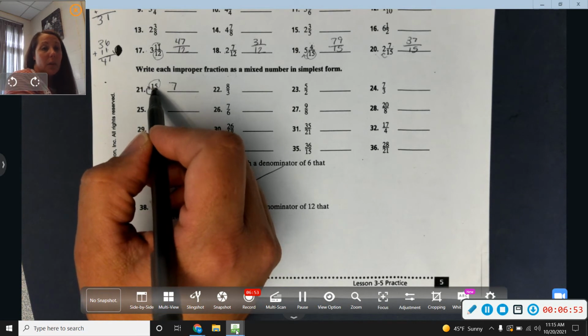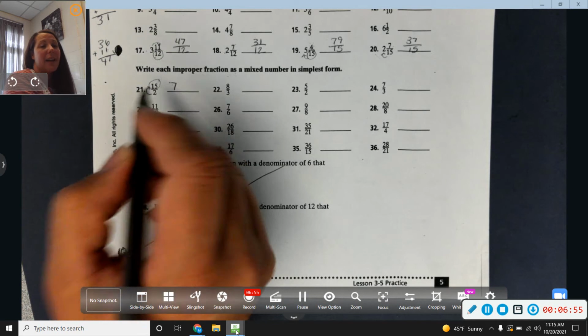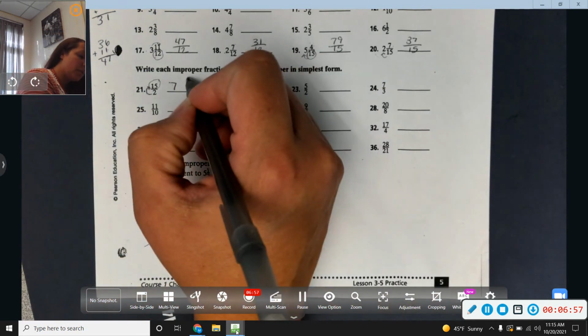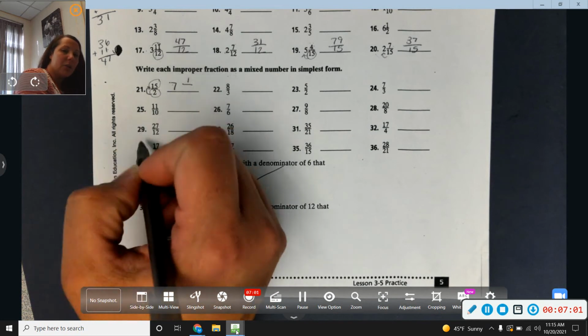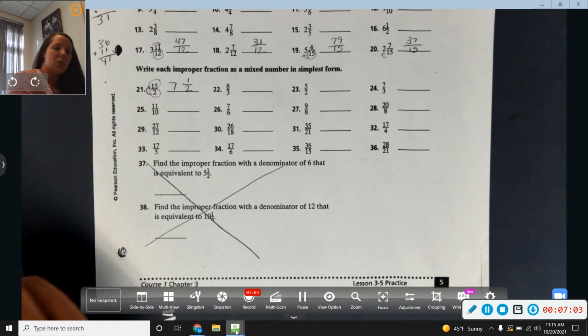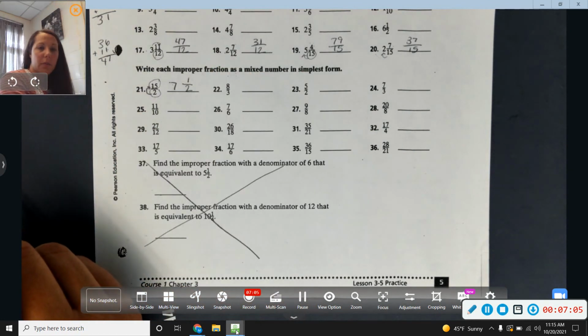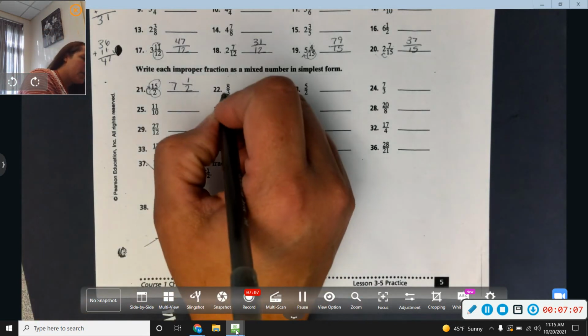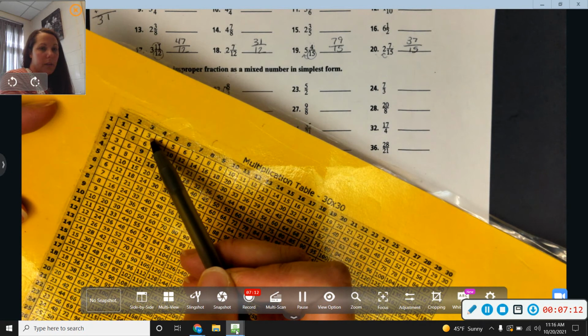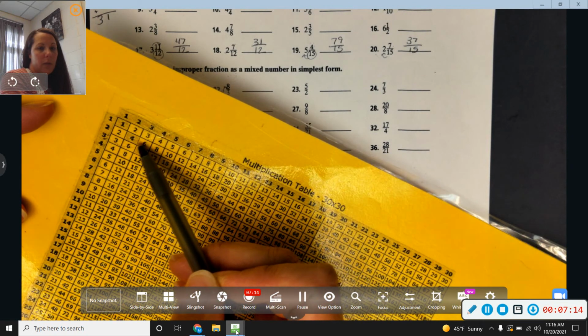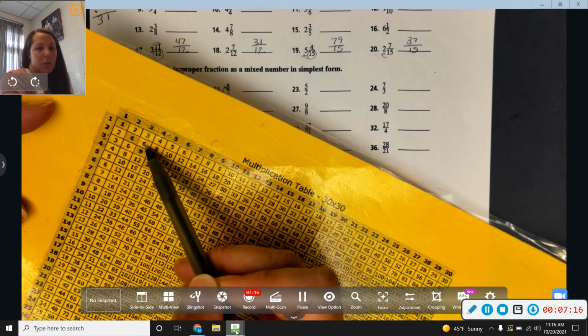I have one more to get to 15. So 1 left, and my denominator never changes, so it's 2. 7 1/2. How many 3's go into 8? Find a number close to 8 without going over, so it goes in 2 whole times.